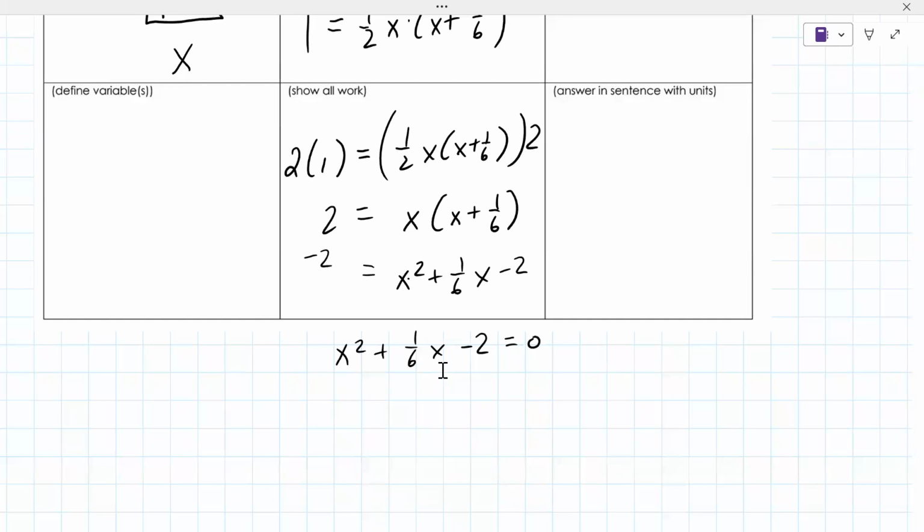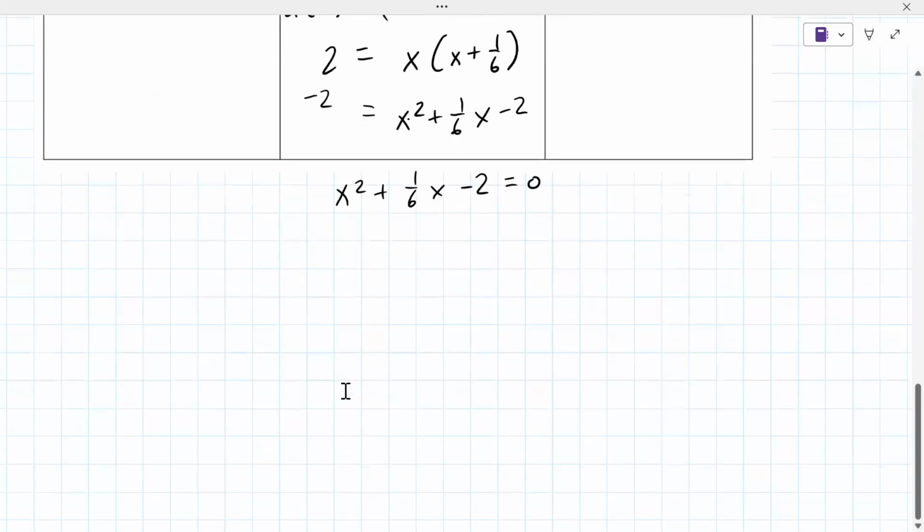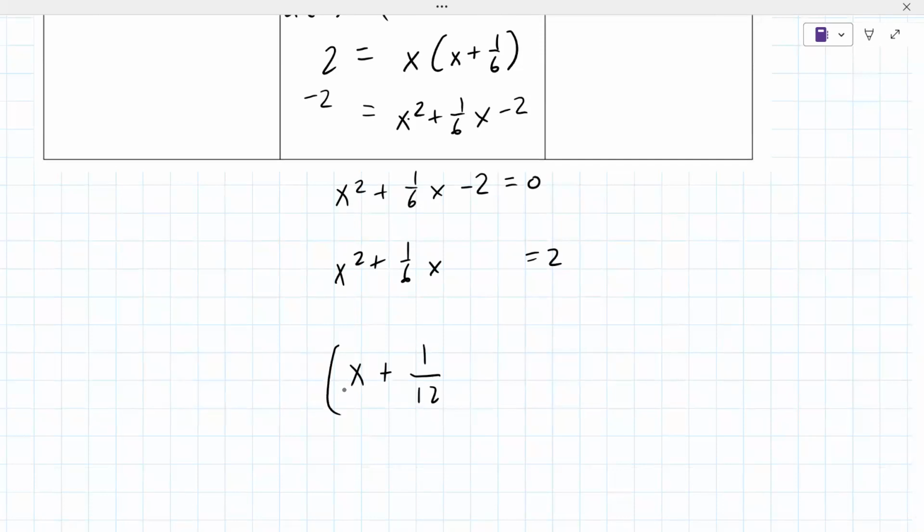So let me just propose, well, it's up to you. Do you want to complete the square on this, or use the quadratic formula? We can go ahead and complete the square. Okay, it's not as bad as you think, because half of 1/6 is 1/12, and when you square it, it's 1 over 144.